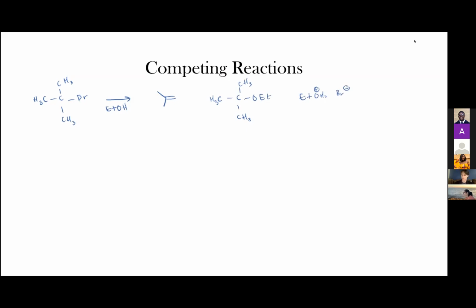In this case, the elimination product is 19% of the products formed and 81% substitution.